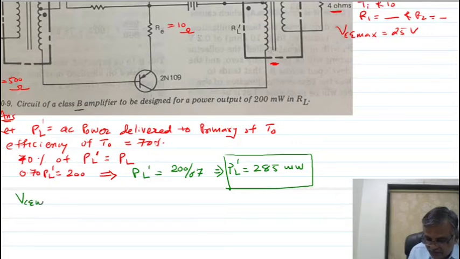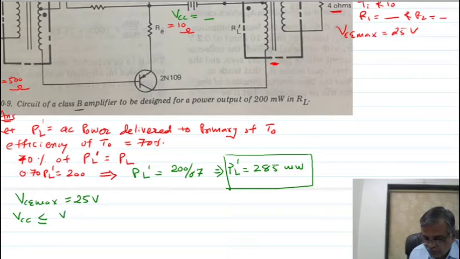VC maximum they have given is 25 volt. From this you can decide the value of the power supply. What should be the voltage of the power supply? We know this equation: VCC should be less than or equal to VC max by 2.